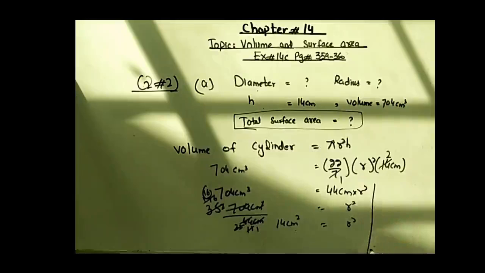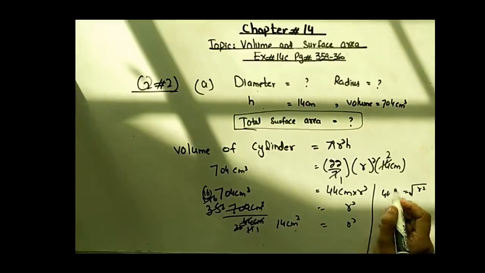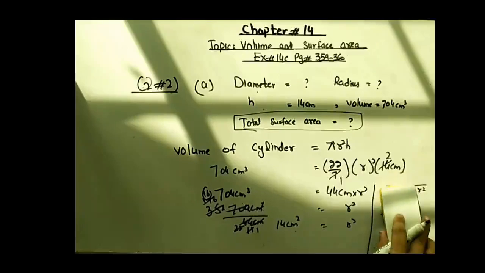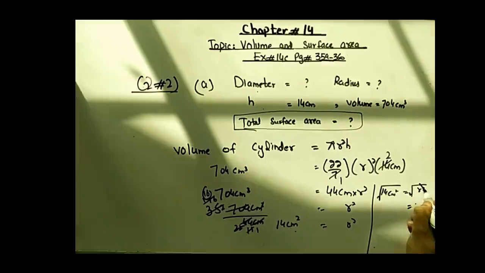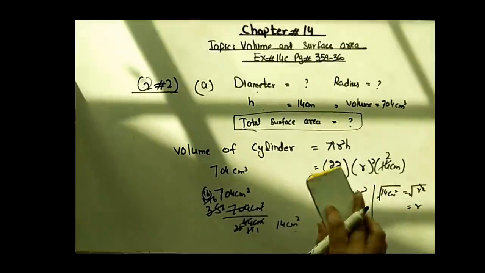Then what will be the r? So we will take the square root on both sides. And we know that the value of square root is 1 by 2. So then square root can be cancelled with the square.